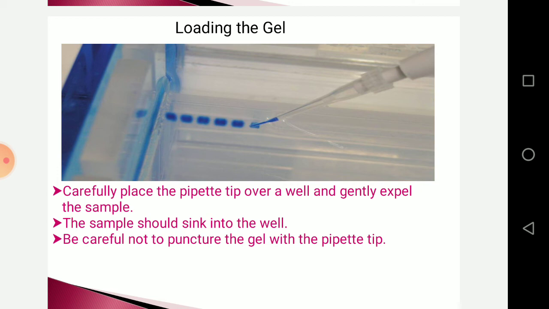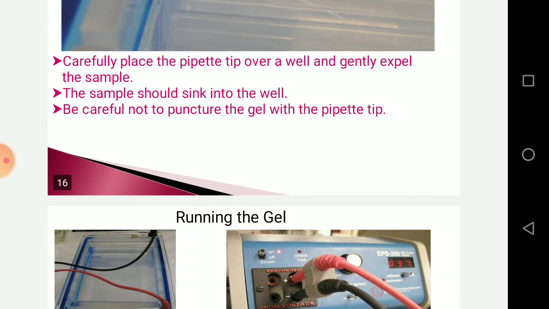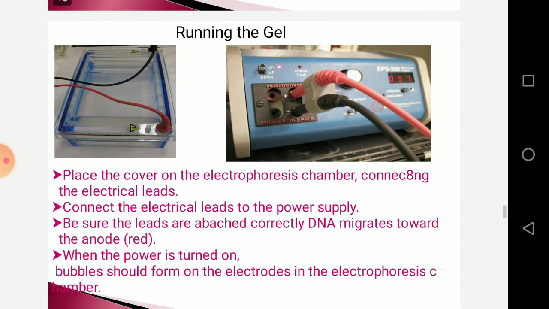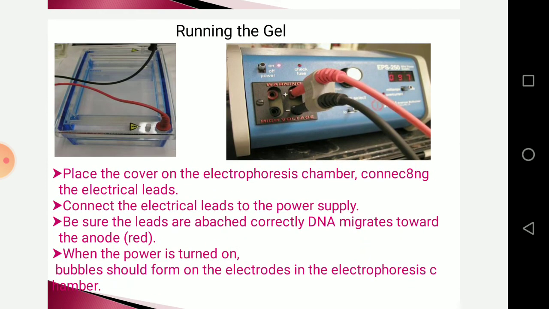The sample should sink into the well. Be careful not to puncture the gel with the pipette. You should not apply any force, because if you apply more force it can puncture your gel. After loading our sample, we apply the electrical field.